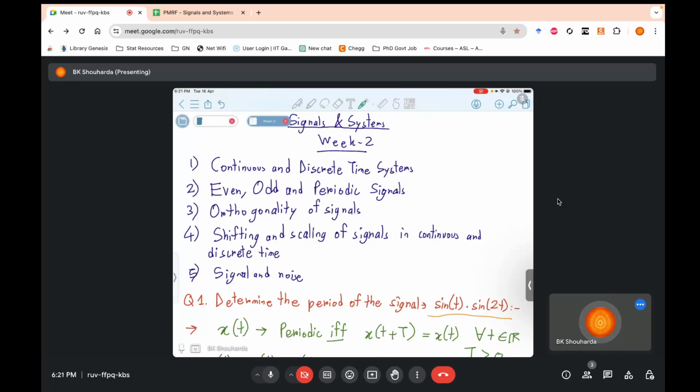But if you practically look at things, we try to see things in finite duration of time, and from that perspective, for the entire duration, when you look from 0 to some big time t naught, and in that interval if things satisfy that x(t) equals x(t plus tau), we call that the signal is periodic in the real life sense.